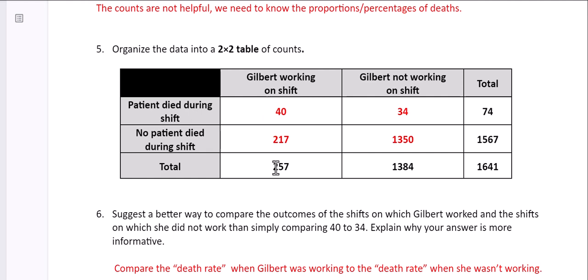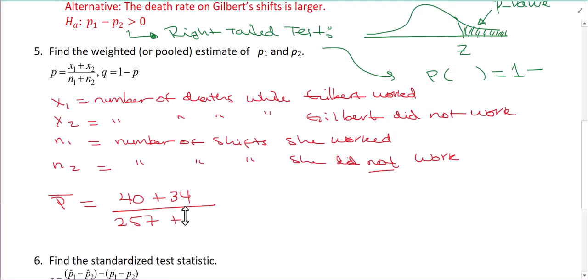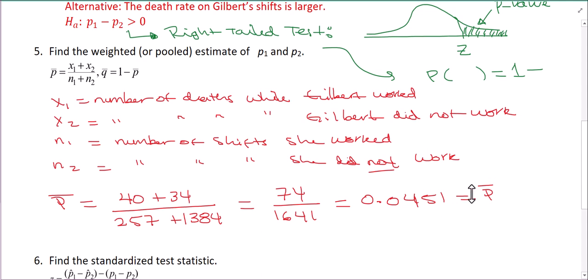So her shifts were 257. The shifts she did not work were 1384. So when we put that in, it ends up being essentially the total number of deaths, which is 74, divided by the total number of shifts, which we already know is 1641. And when we put that in our calculator, we get 0.0451. So this is our P bar.